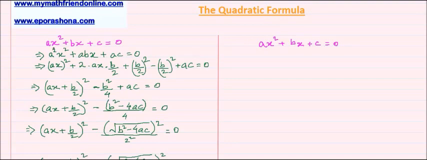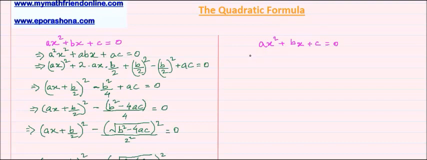That's why I have asked you to multiply rather than divide. You can do this as well. I'll be showing you how to derive the quadratic formula by using the same completing the square method. And I will be dividing this entire equation by a.